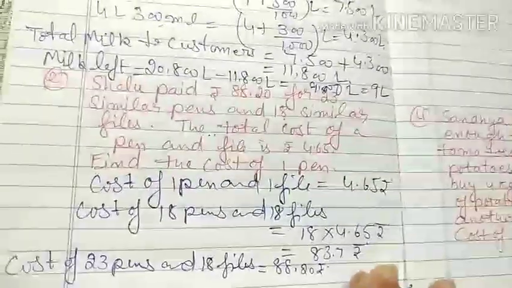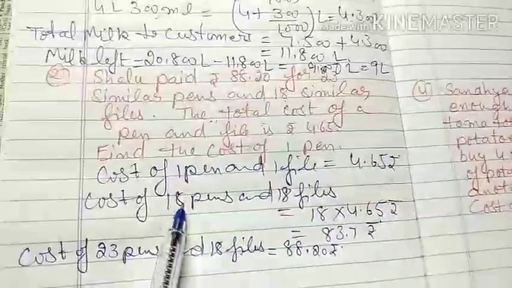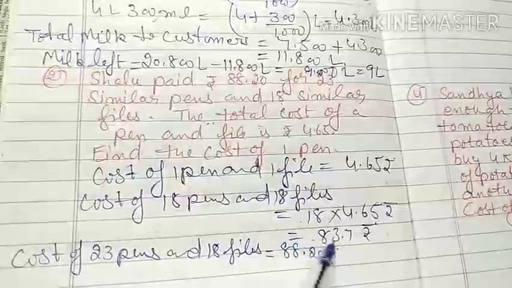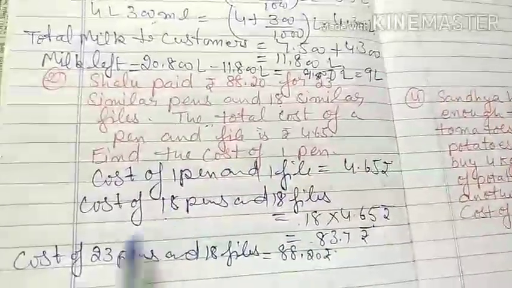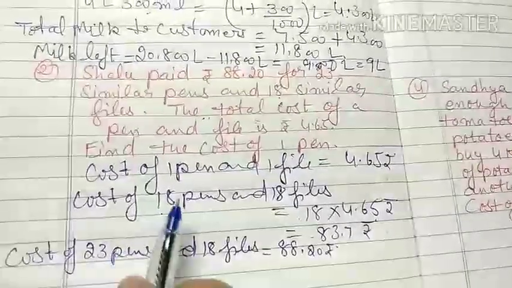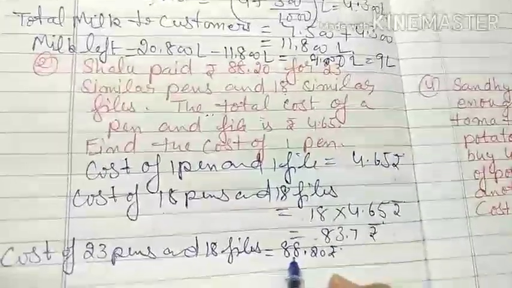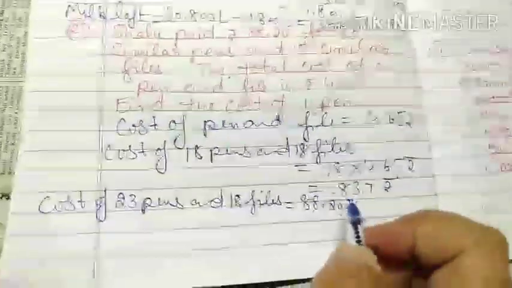So when you subtract, how many pens are extra? The 18 pens cost, when included, becomes 83.7, but how many extra pens are left? 5 pens.